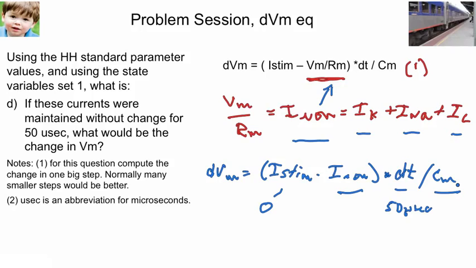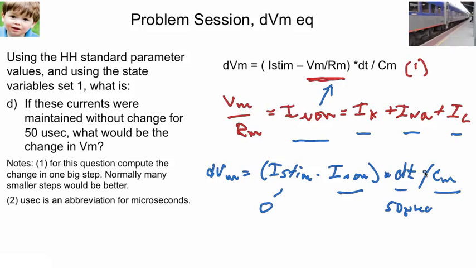It's worth noting that at one level we're just putting numbers in an equation and doing a calculation. At another level, we're doing something really special. We're taking a set of values that exist at one moment: I stim, I ion, Cm.